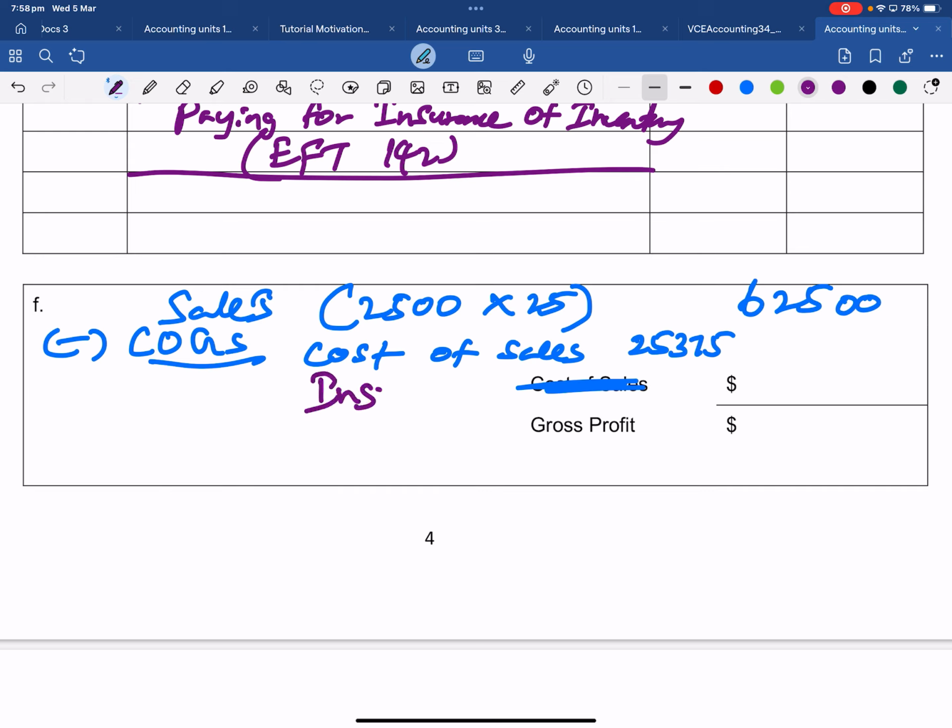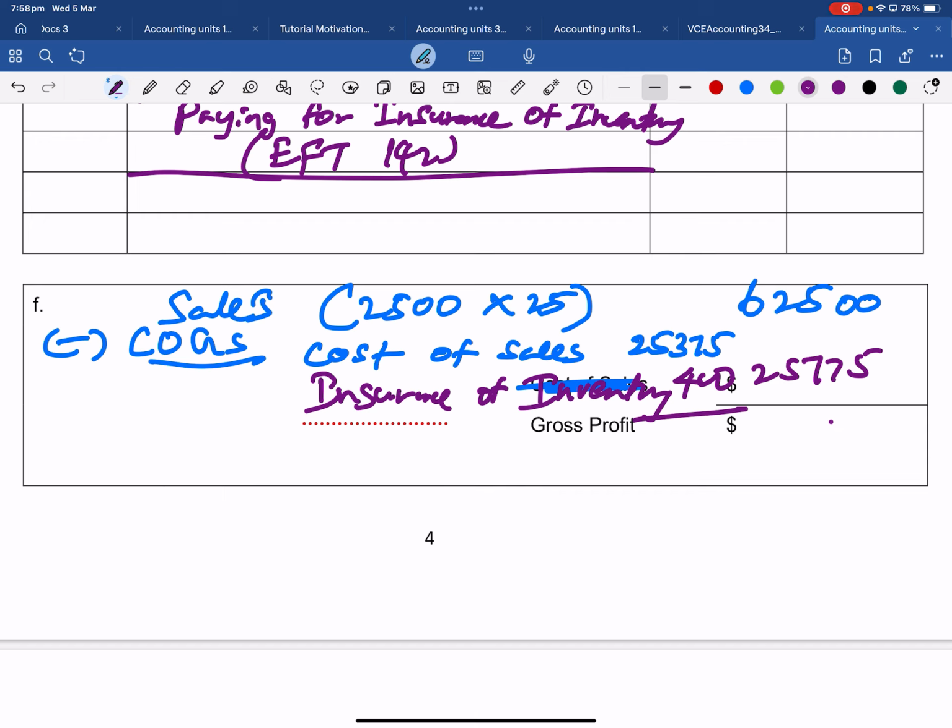Very good. Insurance of inventory. How much is it? 400, yeah? Right. Now see, we take everything as an expense, which becomes 25,775.